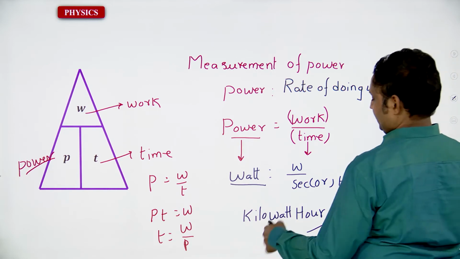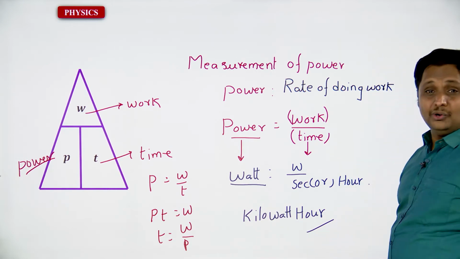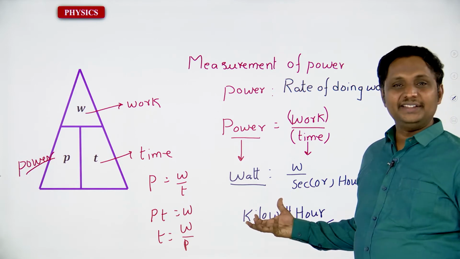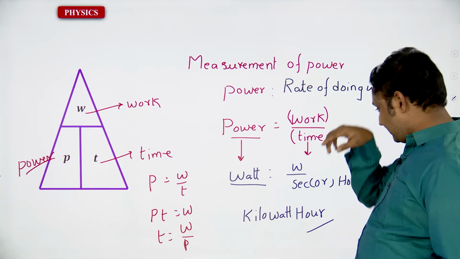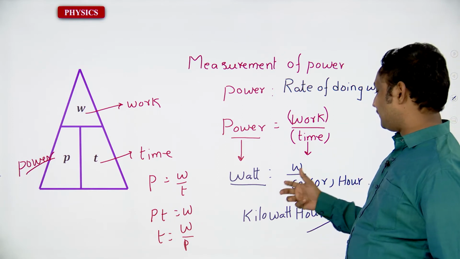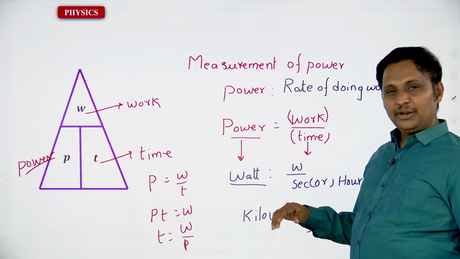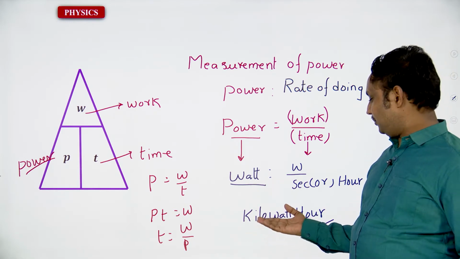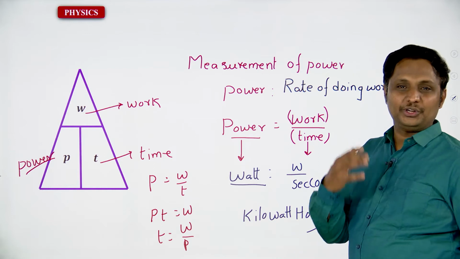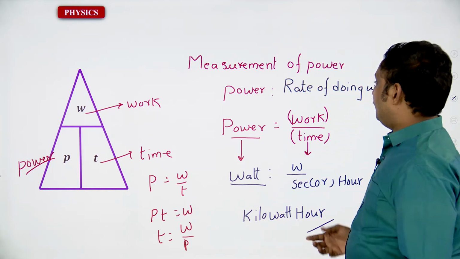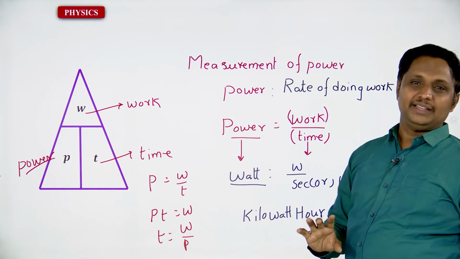Sometimes we can use kilowatt hour. In power consumption and related problems, we use kilowatt hour. They are otherwise expressed in watt second. So, okay. If you have a high magnitude, just take kilowatt hour. With respect to the time, you need the measurement of power consumption and billing and all these related problems.